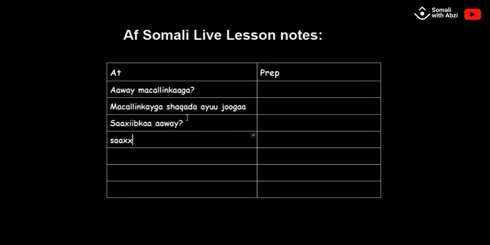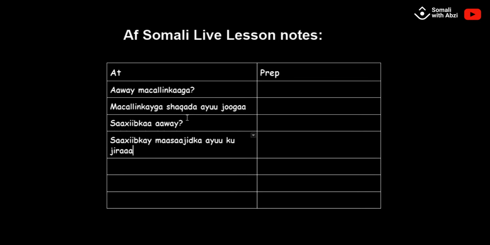My friend is saaxiibkay. Saaxiibkay, then masajidka or masjidka ayuu ku jiraa. If it's female, we're going to say masajidka ayay ku jirtaa. Saaxiibtay masajidka ayay ku jirtaa. And that's how we use "at" in Somali.